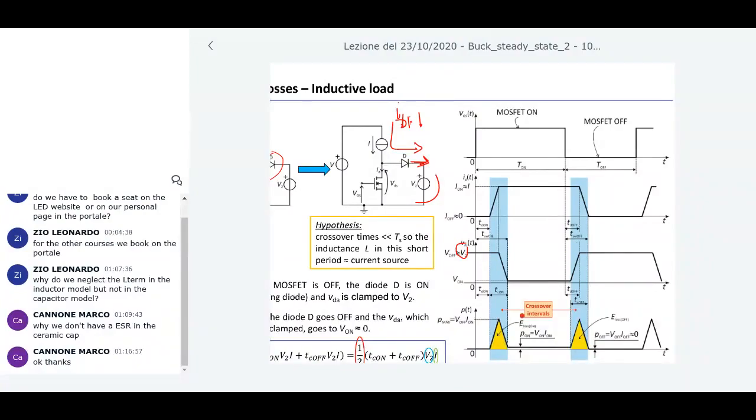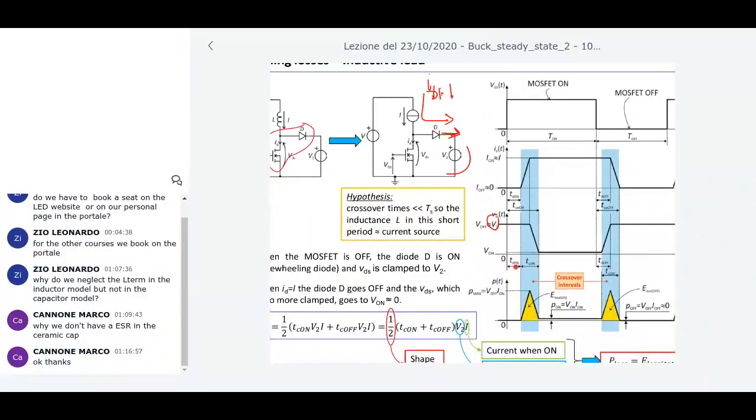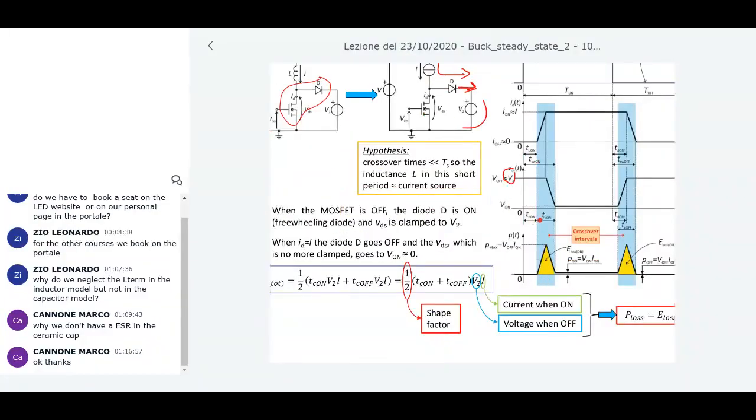So now the shape is different. The peak of the instantaneous power is the voltage V2, which is the maximum value here, multiplied by the current I. So V2 multiplied by I. What is the time duration? The time duration is now this crossover time, the time in which you have both current and voltage different from zero.